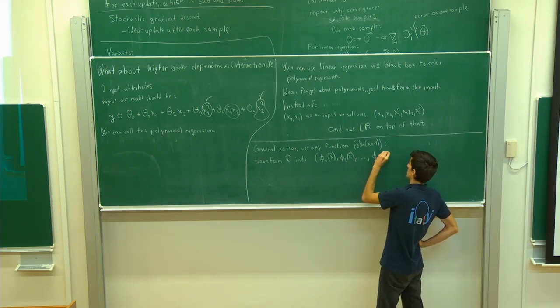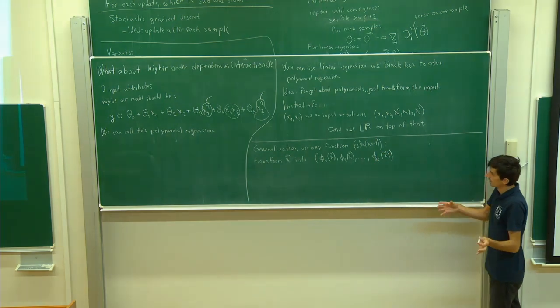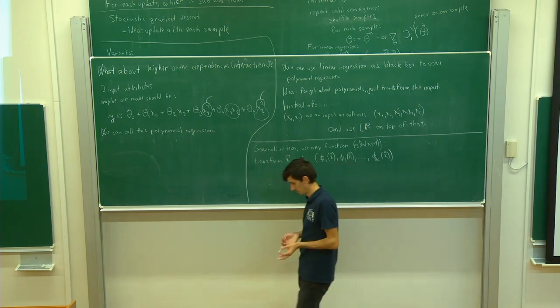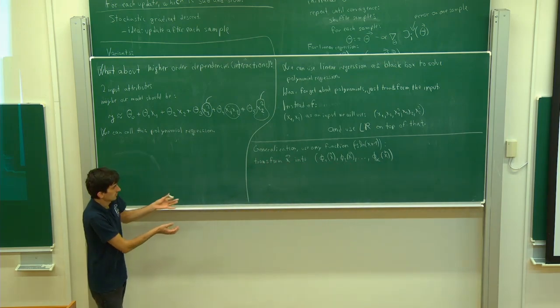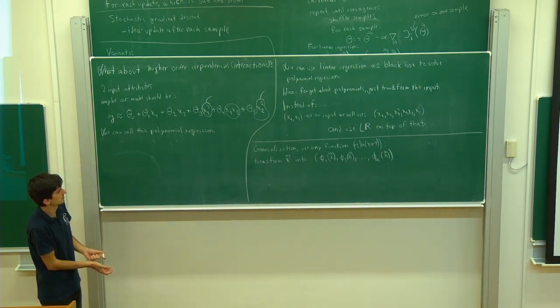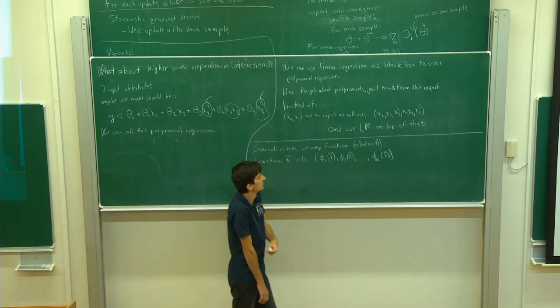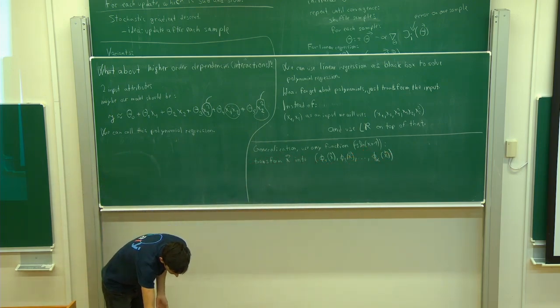If we want to change some attribute, we can just create some functions and transform our input into something else and use linear regression on top of that.